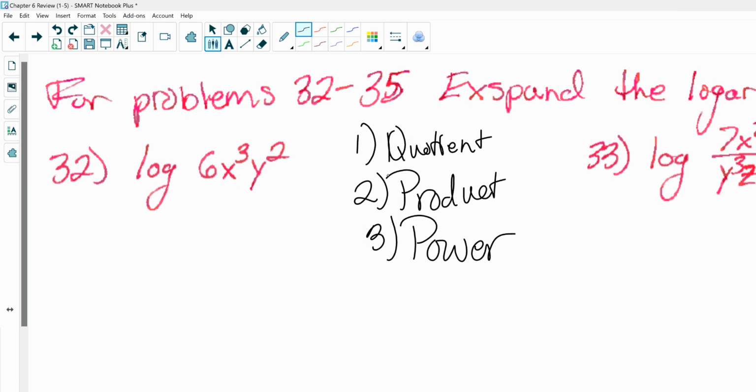Now, if one of them is not needed, we don't use it. Most likely out of these 3, quotient or power is one of the ones that wouldn't be used. It's either A, there are no exponents, so we don't have to do that, or B, there is no division to start with, so we don't need quotient.